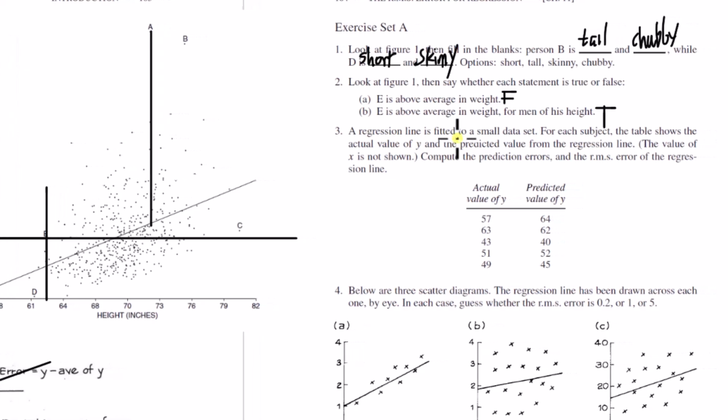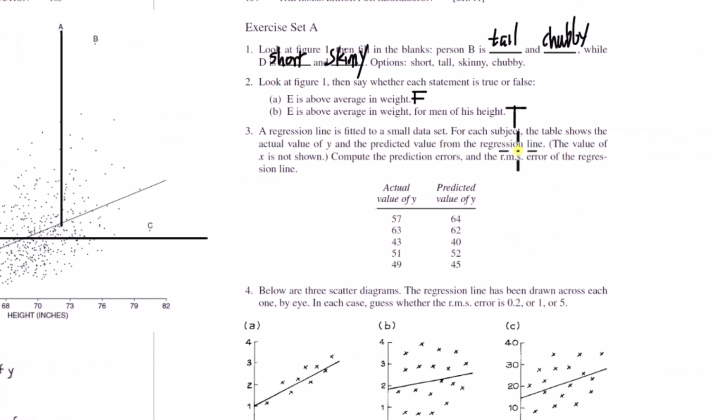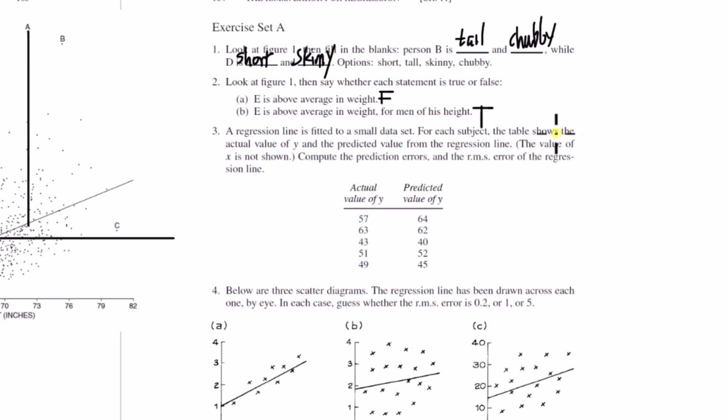A regression line is fitted to a small data set. For each subject, the table shows the actual value of Y and the predicted value from the regression line. The value of X is not shown. Compute the prediction errors and the RMS error of the regression line. Okay, so we've got the actual value of Y and the predicted value of Y, based on the regression line. It's very similar to the standard deviation, but we're just going off the averages of the regression line.